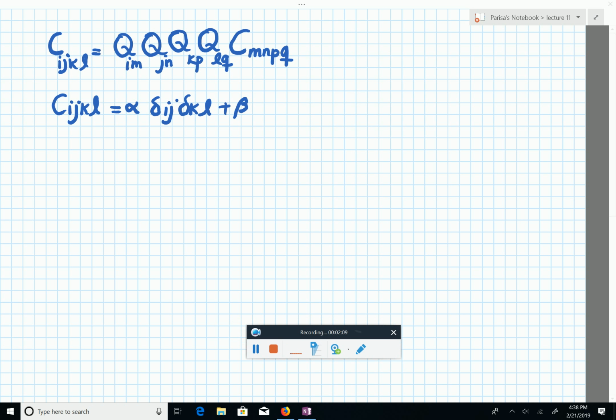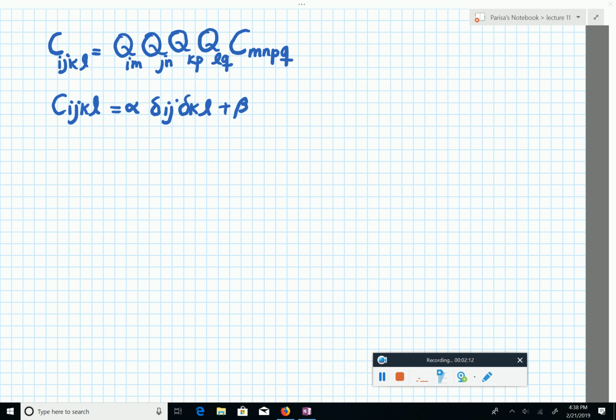So alpha, beta, and gamma are constants, and you have these Kronecker delta functions. Right.